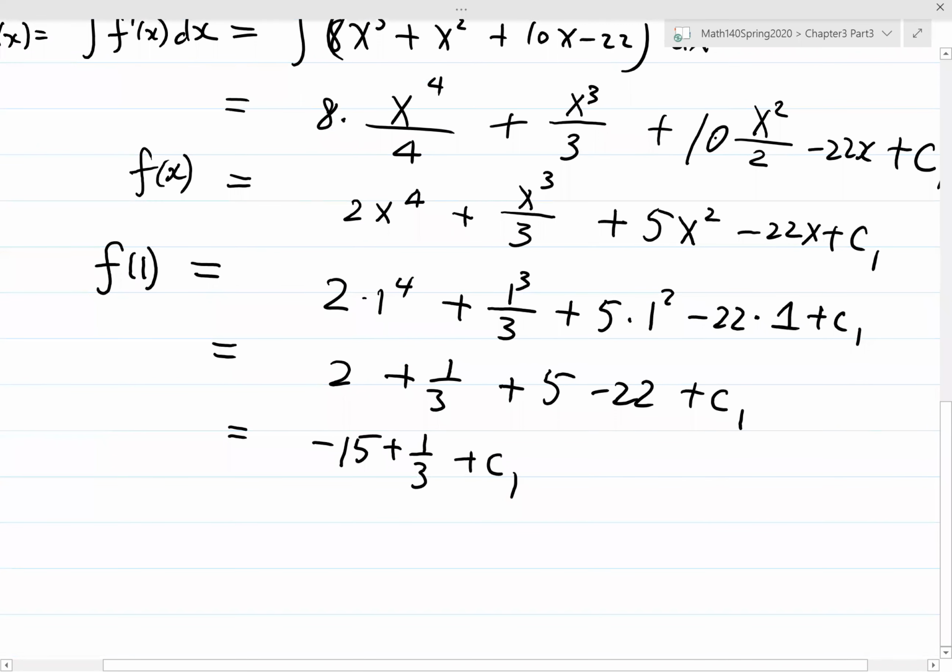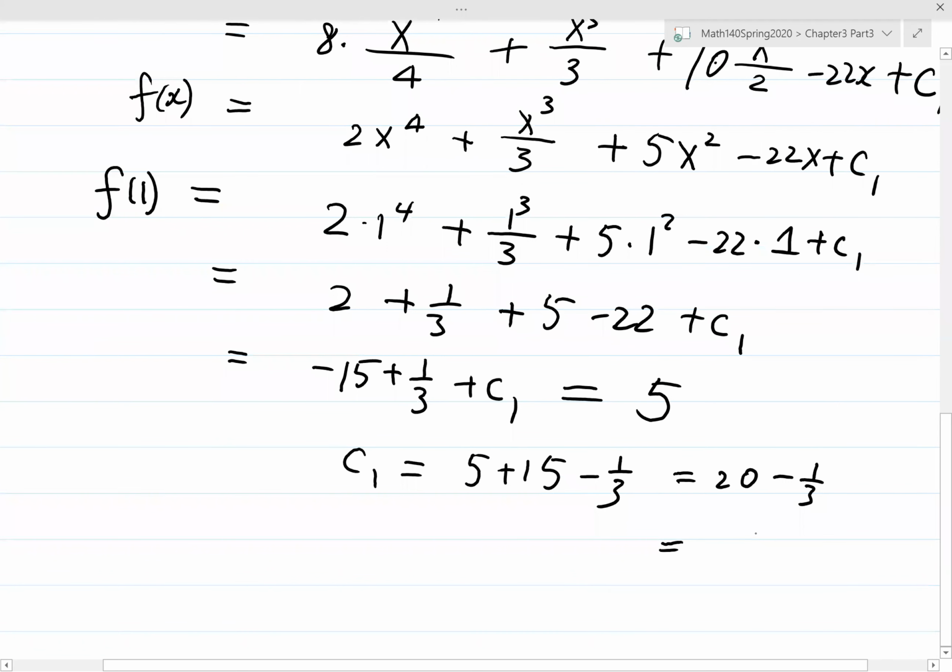Now we also know this should be 5, since f at 1 is 5. So c1 should be 5 plus 15 minus 1/3. So this will be 20 minus 1/3, which is 59 over 3.